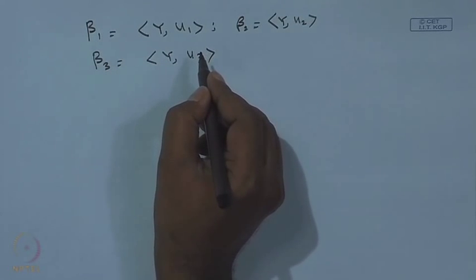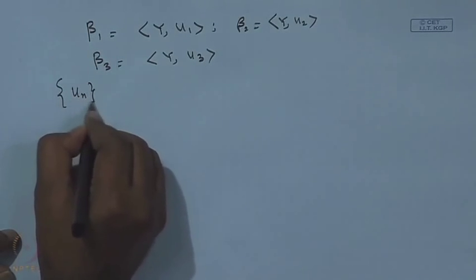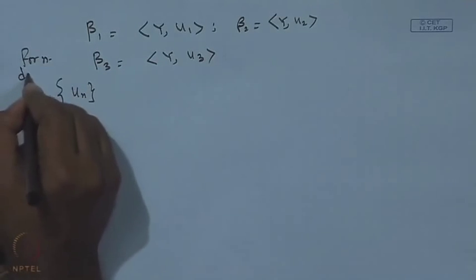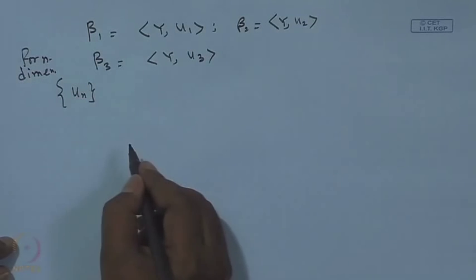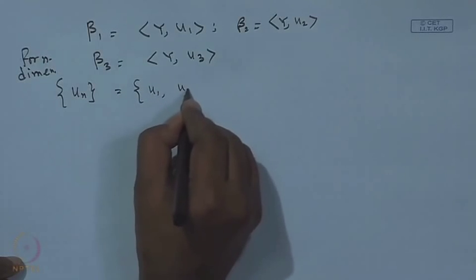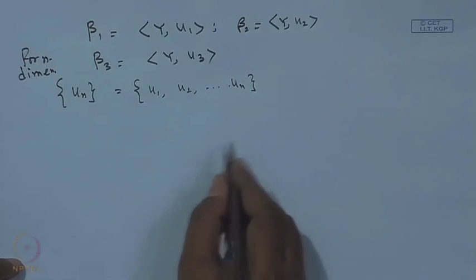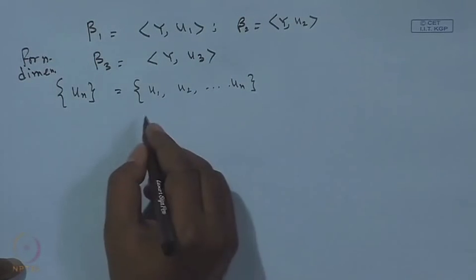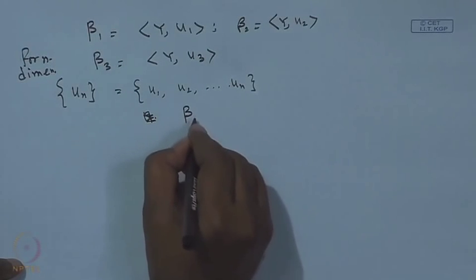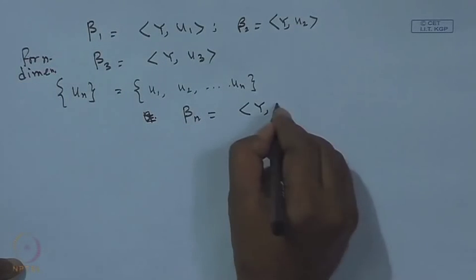This is for a 3-dimensional space, but we can generalize it for an n-dimensional space, where the basis set is constituted by n vectors which are mutually orthogonal and orthonormal. Therefore, for any nth vector, the coefficient beta n will be expressed as the inner product of y and u n.